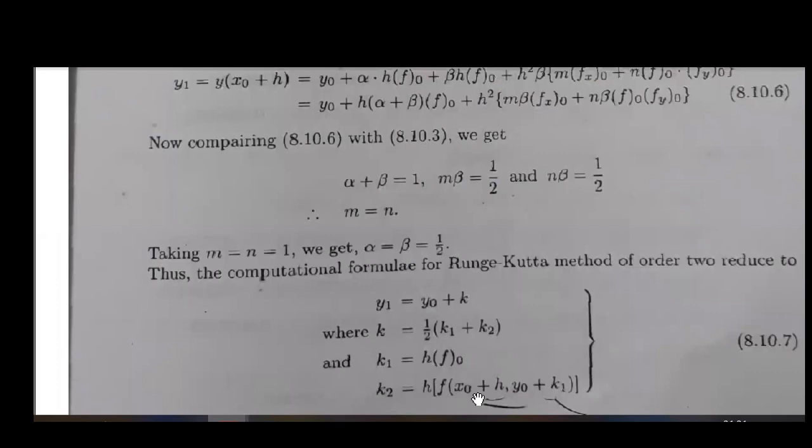Plus h of x0 plus h, that means x1, that means xn. Acha, let me just say one thing. So plus and this yn plus 1. So y0 plus k1. K1 means, if you use this thing, h of x0 y0. Right? That means f of x1 comma y0 plus h of x0 y0.